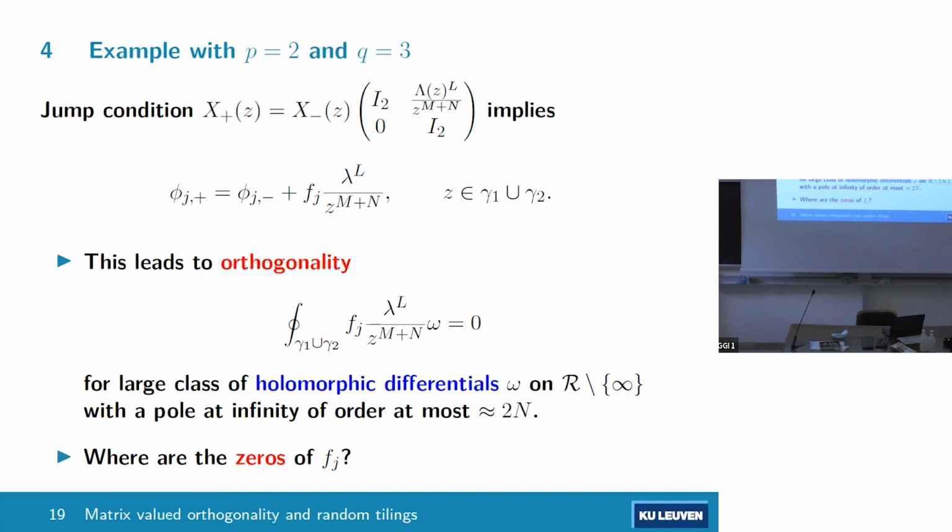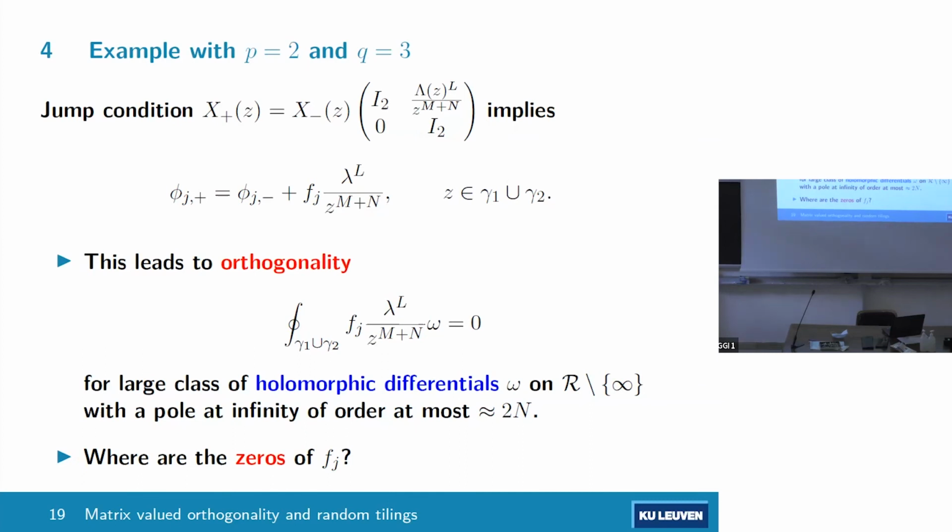The jump is related to the f_j, the meromorphic function, times this function on the Riemann surface, coming from this upper block here. And this then will lead to orthogonality: if you multiply this with some holomorphic differential, it will be 0 for a lot of meromorphic differentials with a pole at infinity only, right?